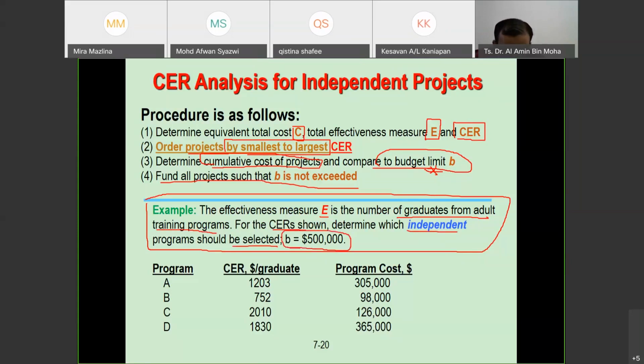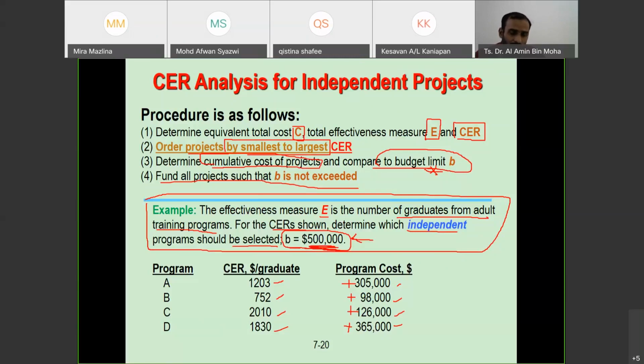So the budget is 500,000. E is the number of graduates, and they give you the CER, the performance. They give this value, and they give you the program cost. If you see here, the total program cost, if you add this and this, is going to exceed 500,000. You only have 500,000. So which programs should be chosen?